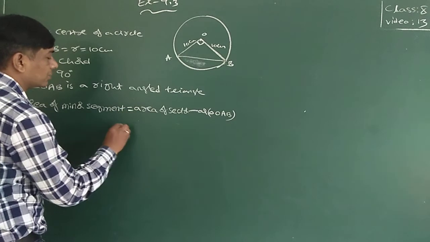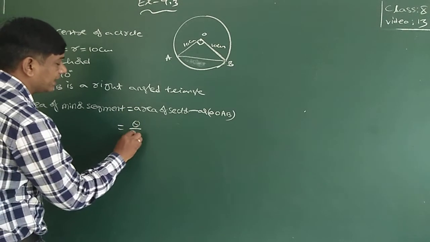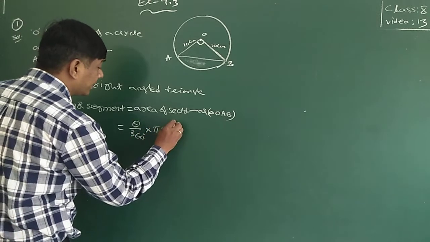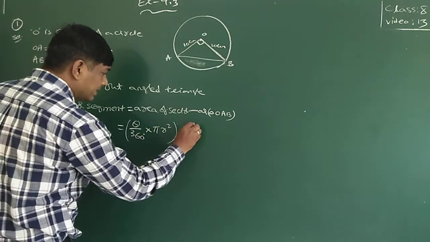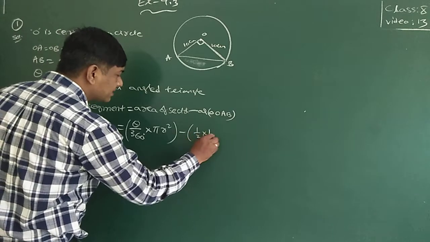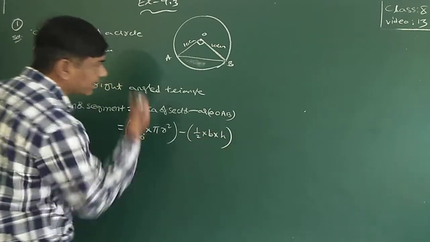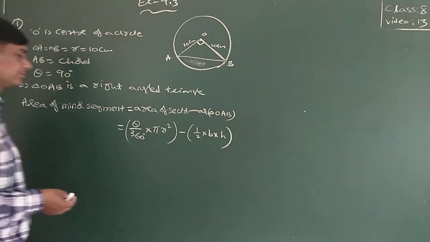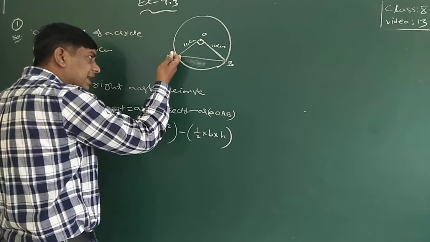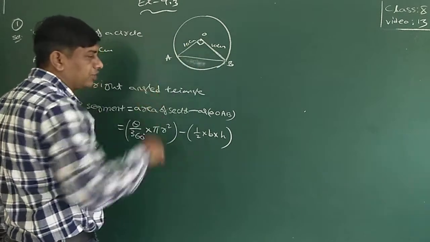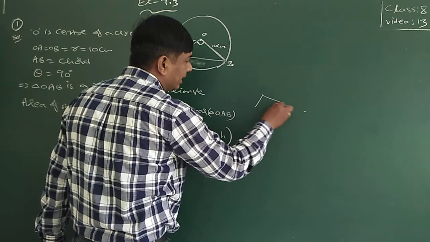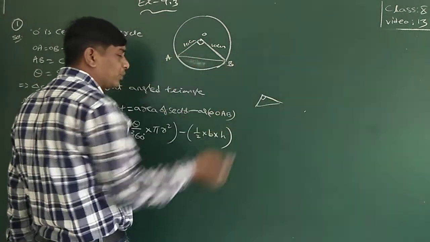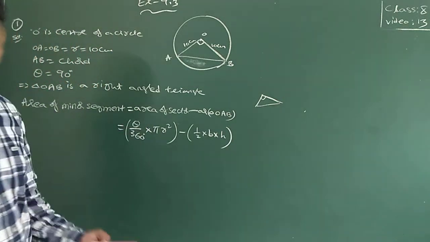Now the area of sector is equal to theta by 360 degrees into pi r square, minus half into base into height, because for the right angle triangle you directly get half into base into height. Base is 10 and height is 10; both radii are base and height.